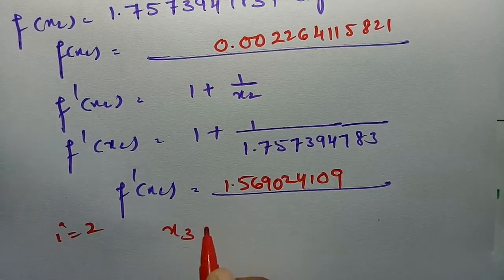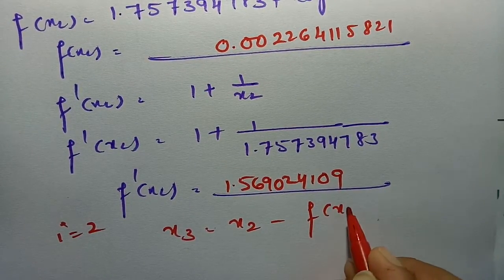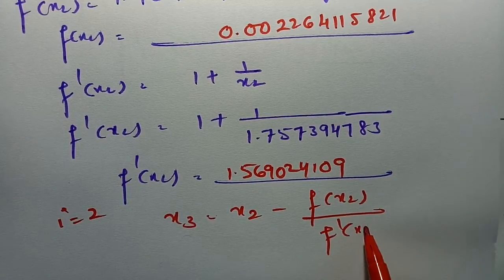So after getting x2, f of x2 and f dash of x2, if I put i equal to 2, our x3 value will be x2 minus f at x2 by f dash at x2.